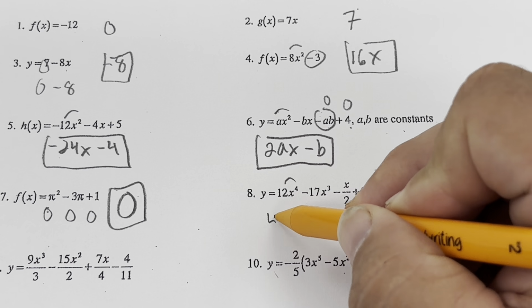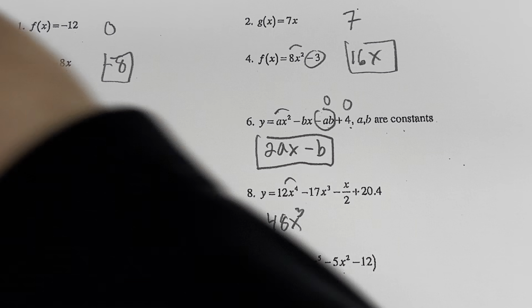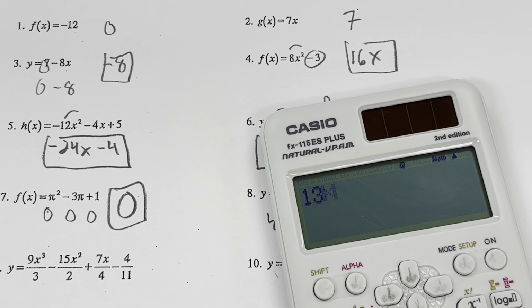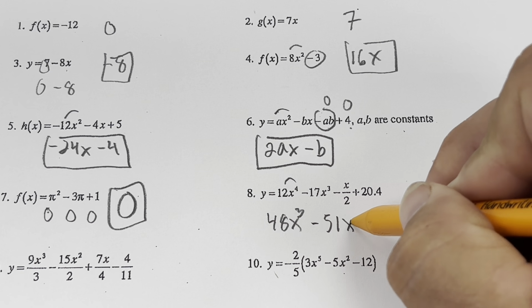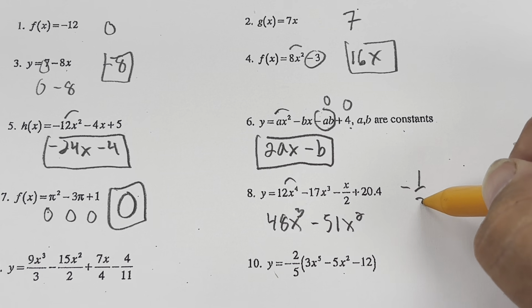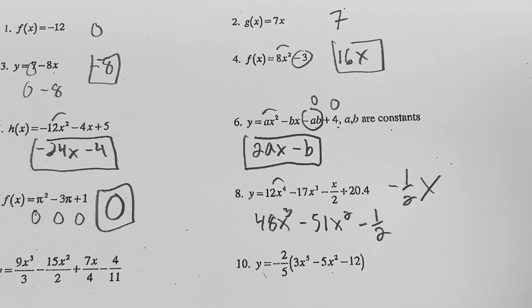Four times 12 is 48x cubed. 3 times negative 17 is negative 51x squared. And the derivative of negative 1/2 x, if you rewrote it like that, would just be minus 1/2.